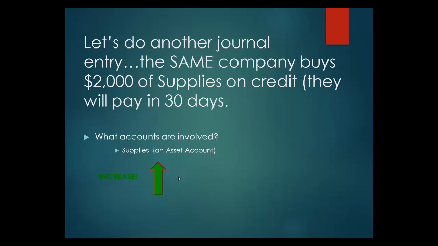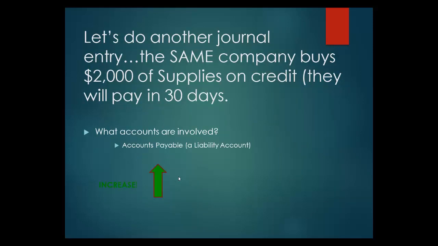Supplies are an asset. Therefore, what do you do with supplies when they increase? Think about that. The other account that's involved is accounts payable. It is a liability and it also increased. What do we do with liabilities when we increase them? So what's the journal entry going to be?